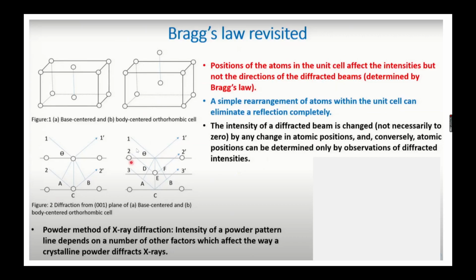The arrangement of atoms in the unit cell can eliminate a reflection completely, and the intensity of a diffracted beam is changed by any change in atomic position. Conversely, atomic position can be determined only by observation of diffracted intensities. I included this slide because you will get to know some new concepts in this lecture.